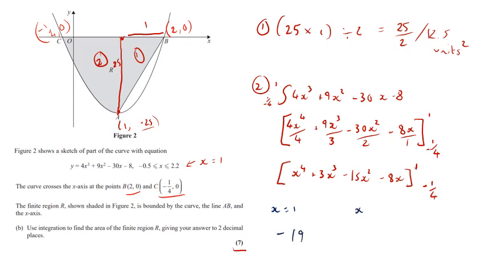And then when x equals minus 1/4, let's try this now. 3 lots. Minus 15 lots. I get this. I get 261 over 256, a number just over 1.